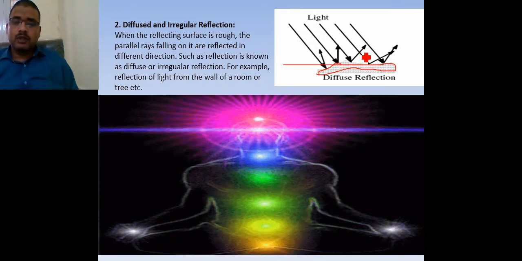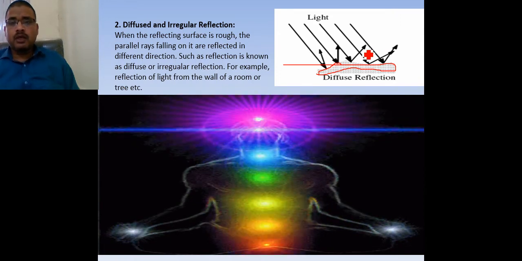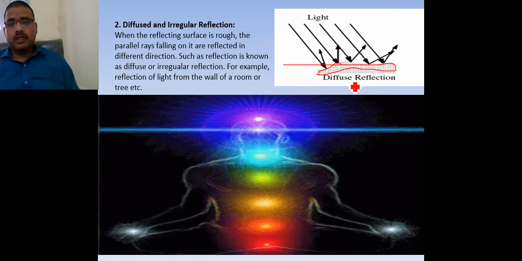The reflection which takes place is not parallel to one another. That's why this kind of reflection is called diffuse reflection, or irregular reflection.